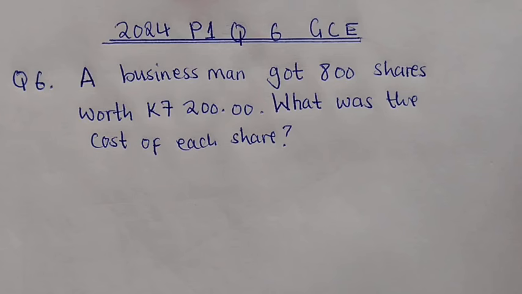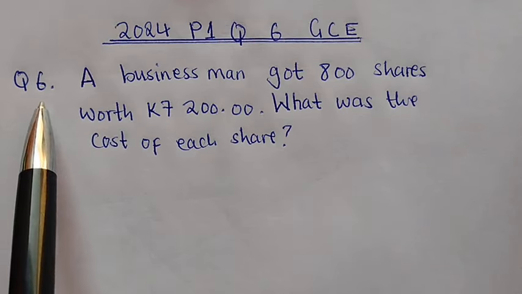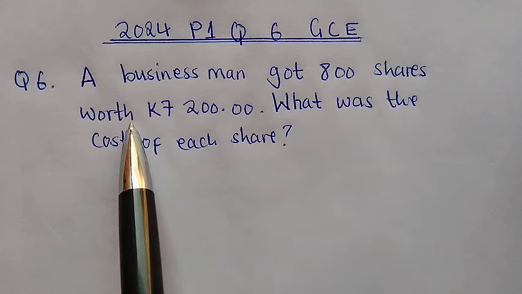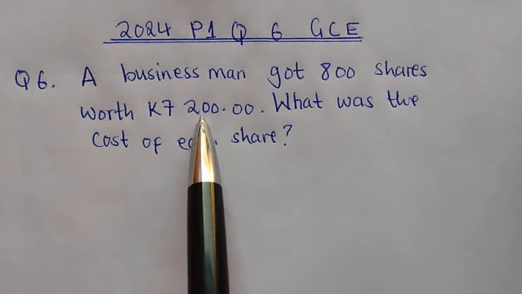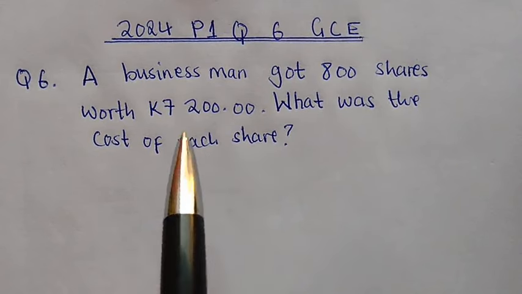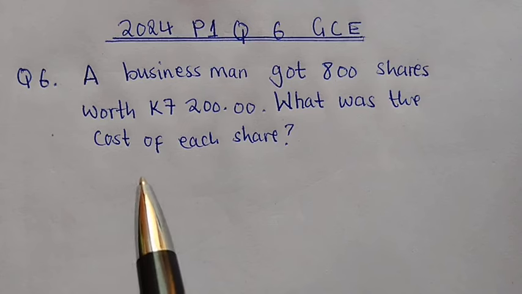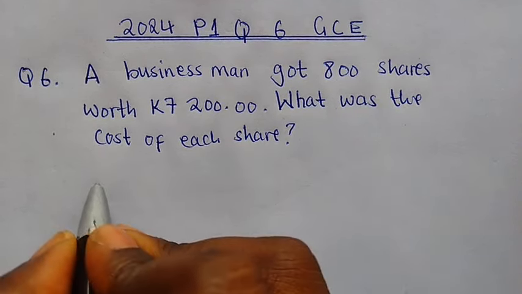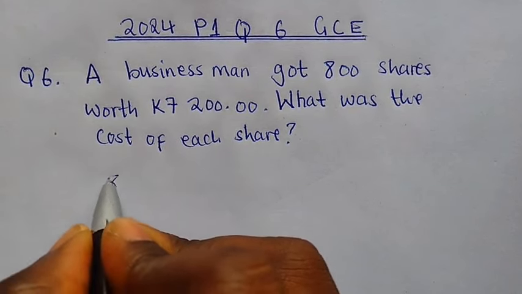Right, so we've now come to our last question, which is our question 6. The question reads, a businessman got 800 shares worth 7,200 kwacha. What was the cost of each share? Okay, so here they want us to find the cost of each share. In order to find the cost of each share, we are going to write 800 shares.